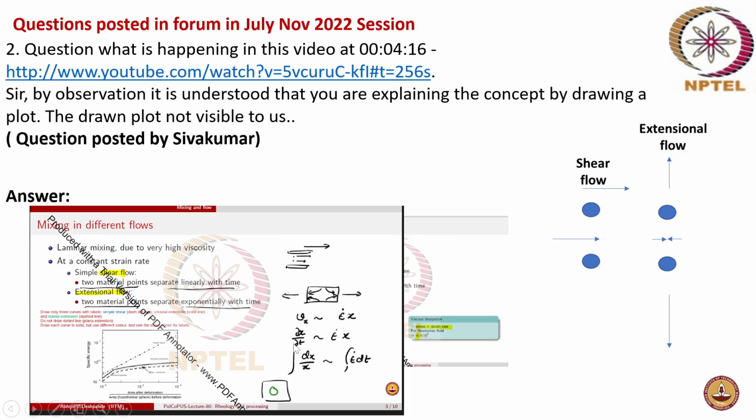If you bring the x terms to one side and dt to the other side, you have dx/x equal to shear rate times dt. If you integrate this, you get x equal to exponential of shear rate times time. So there is an exponential separation in the case of extensional flow.